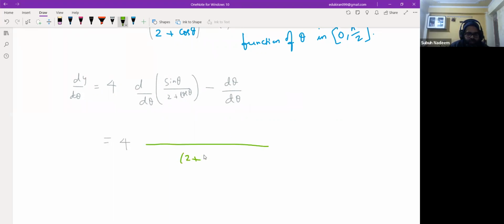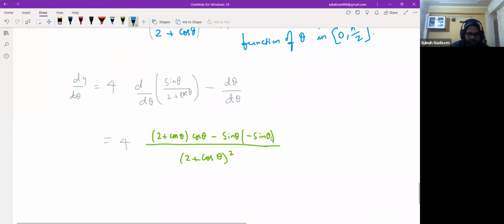So (2 plus cos theta) whole square in the denominator. So it will be (2 plus cos theta) into the differentiation of sine theta. Differentiation of sine theta will be cos theta. Minus sine theta will be there. And the differentiation of 2 plus cos theta: differentiation of 2 is 0, cos theta is minus sine theta. Have you got this quotient rule?